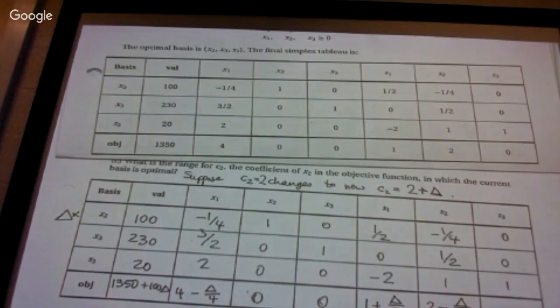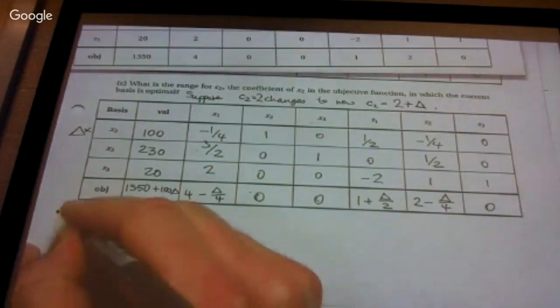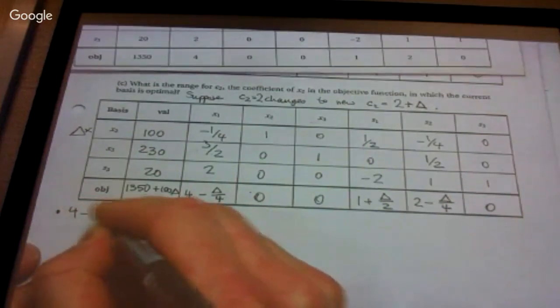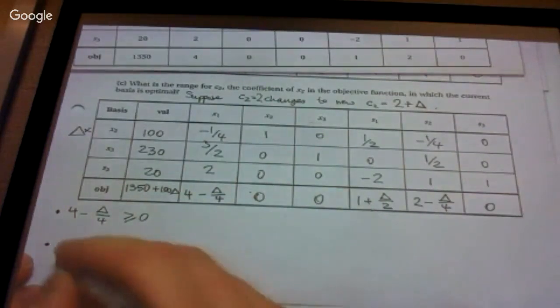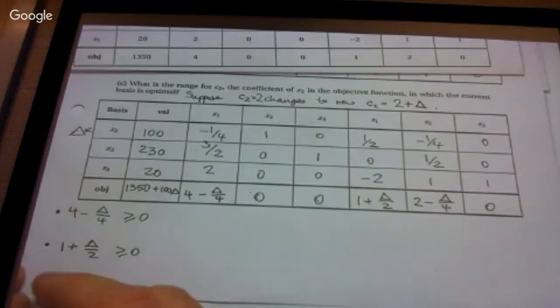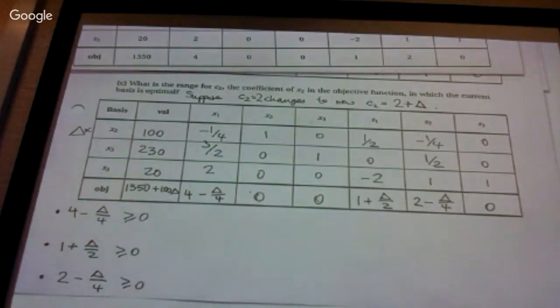That gives us really three inequalities because all the zeros are non-negative. What we want is 4 take away delta over 4 has to be greater than or equal to 0. The second one is 1 plus delta over 2 has to be greater than or equal to 0. And 2 minus delta over 4 has to be greater than or equal to 0. Okay?